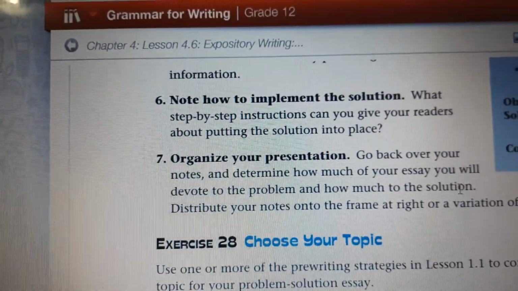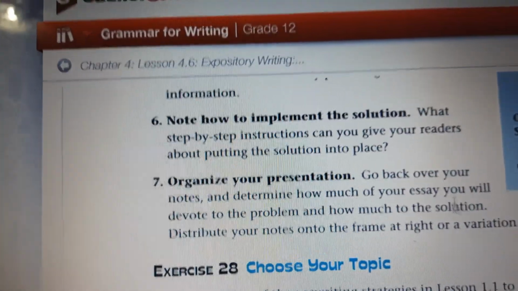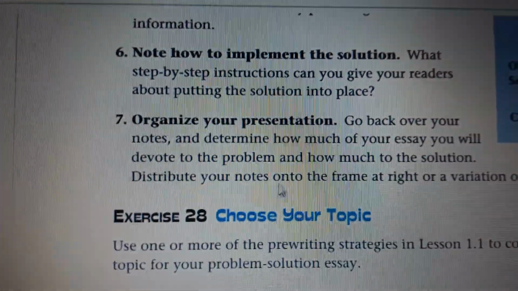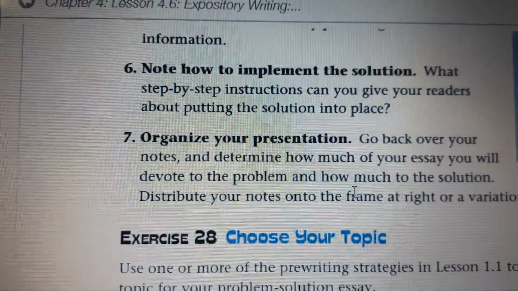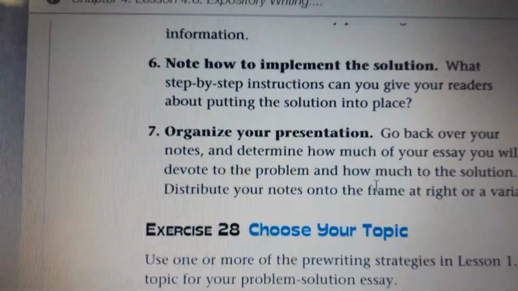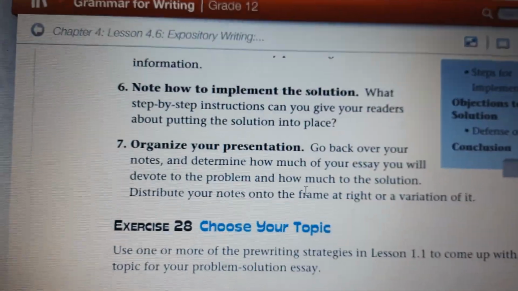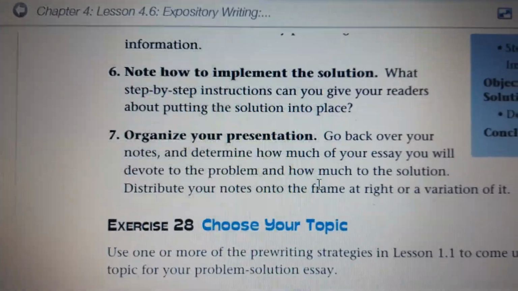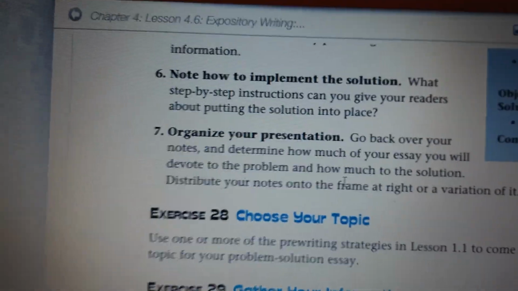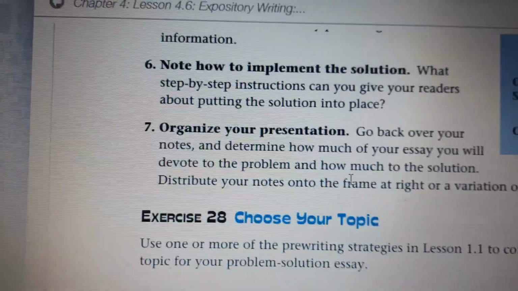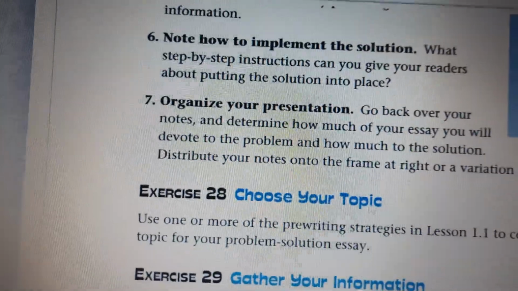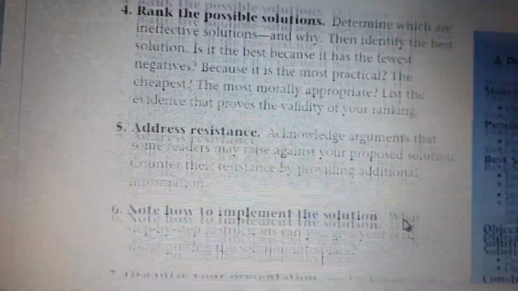Go back over your notes and determine how much of your essay you will devote to the problem and how much to the solution. You just have to organize it: what is the most important thing I'm going to start with, and then go in order. And then you write your conclusion.